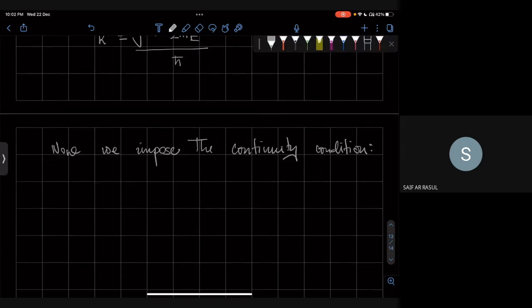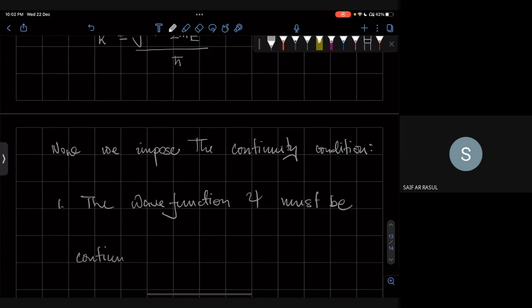Okay. So what are the boundary conditions? Boundary conditions are that the wave function psi must be continuous across the boundaries, continuous and I would say differentiable across the boundaries.